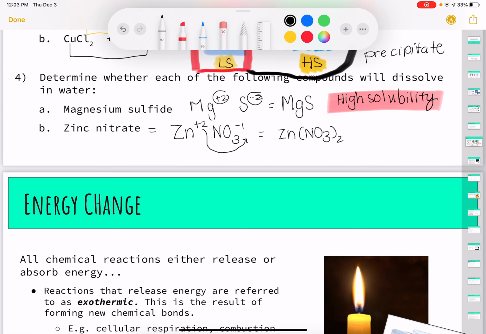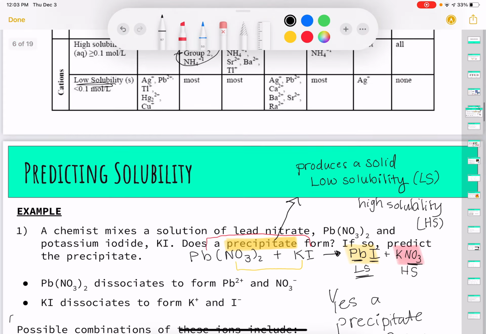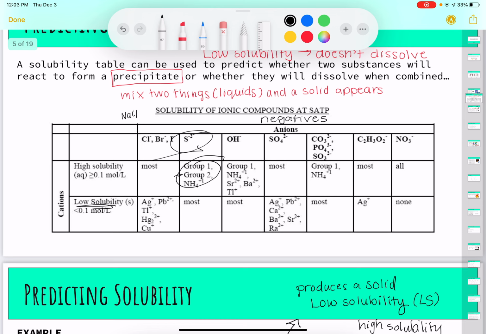This next one, Zn(NO3)2, so we're going to look up NO3. Zn, so all and none. So there's nothing that won't dissolve in NO3.